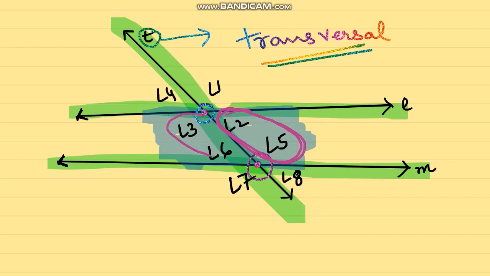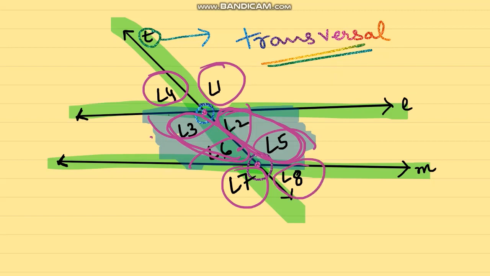If you take angle 3 and angle 6 together, they are also known as co-interior angles. And then angle 4 and angle 7, they are co-exterior. Angle 1 and angle 8 also form one pair of co-exterior angles.